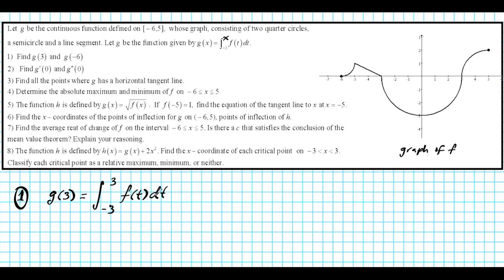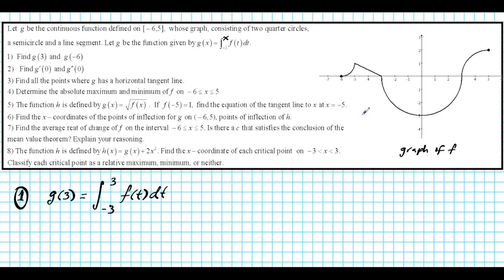Okay? So we're going to use a geometric approach to evaluate this definite integral. So anytime you see a graph problem that involves geometric figures, lines, or semicircles, in most cases, you have to use your geometric formulas to determine what the area is, which is the value of the definite integral.